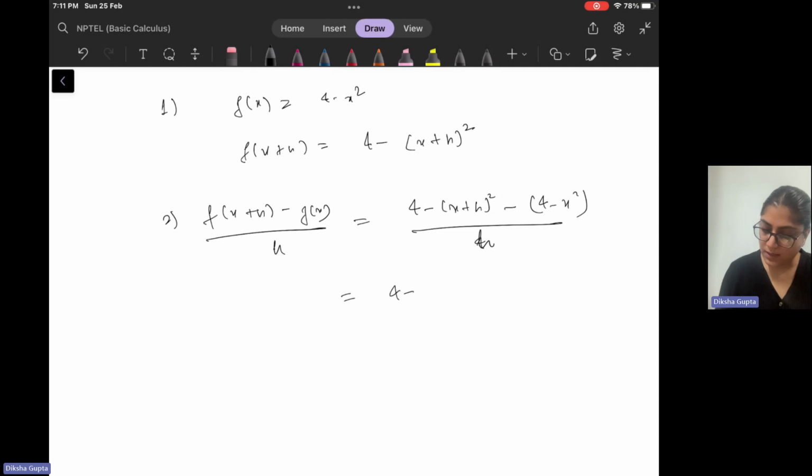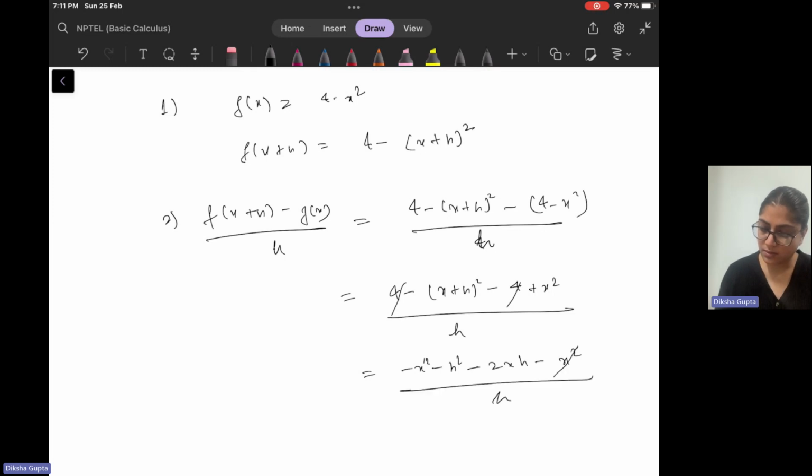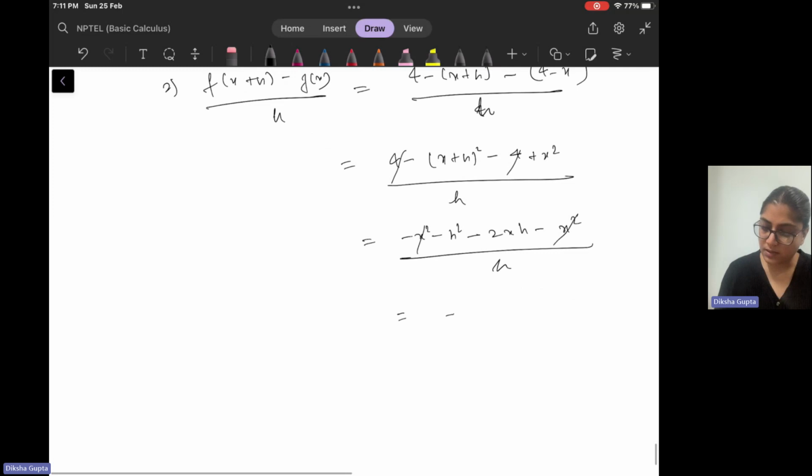So this is 4 minus (x plus h) square minus 4 plus x square upon h. This gets cancelled. So this is minus h square minus 2xh upon h. So h also will get cancelled, minus h minus 2x. Third, limit h tending to 0 of minus h minus 2x is minus 2x.